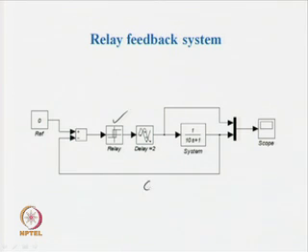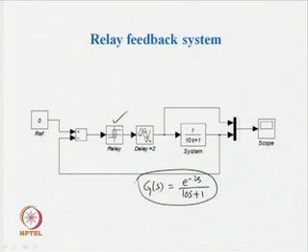The system considered is G(s) = e^(-2s)/(10s+1). This system we have also earlier considered, and we have generated oscillatory output for this system.